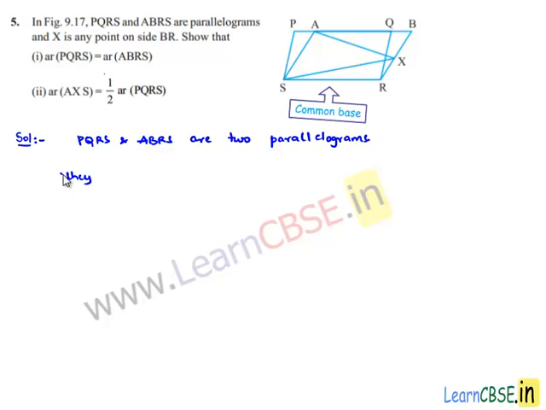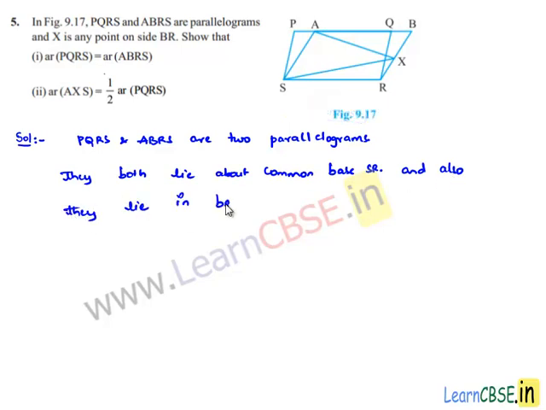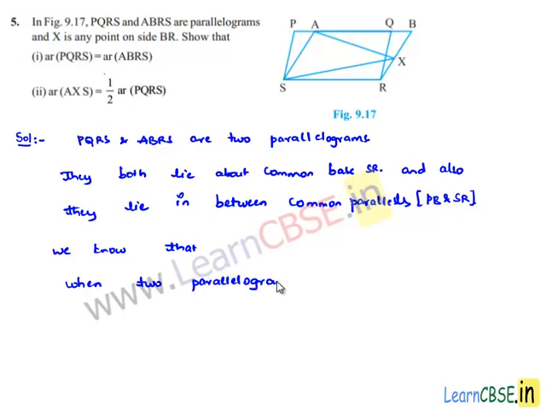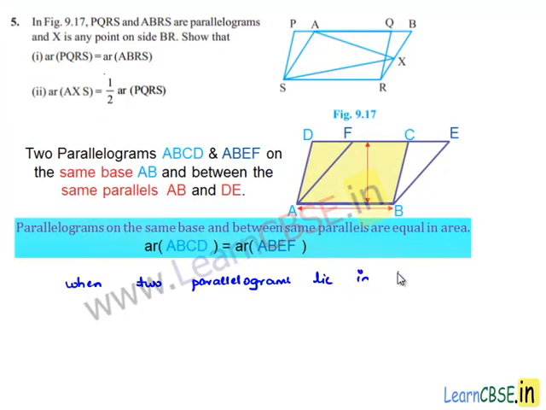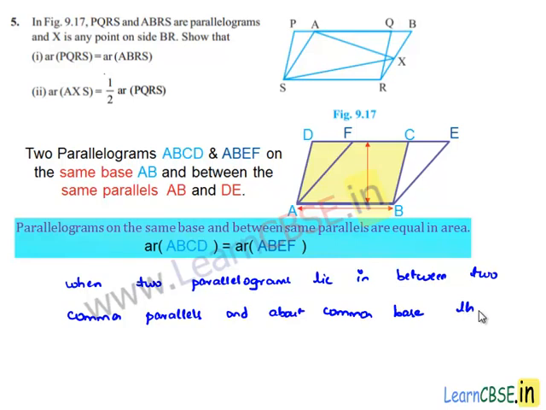They both lie about the common base SR and also they lie in between the common parallels, that is PB and SR. Now we know that when two parallelograms lie in between the two common parallels and about the common base, then their areas are equal.